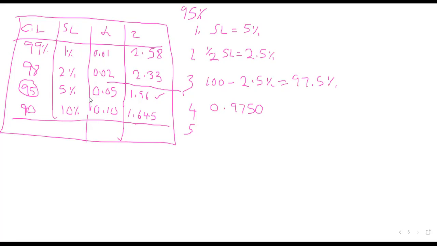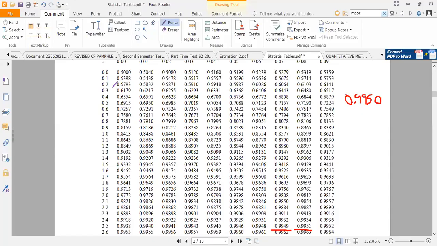Then we go to our Z table to look for that figure. So in here, 0.975. Where is it? It's here. So reading this, you just add the number this side, 1.9 and 0.06, which will give you 1.96.